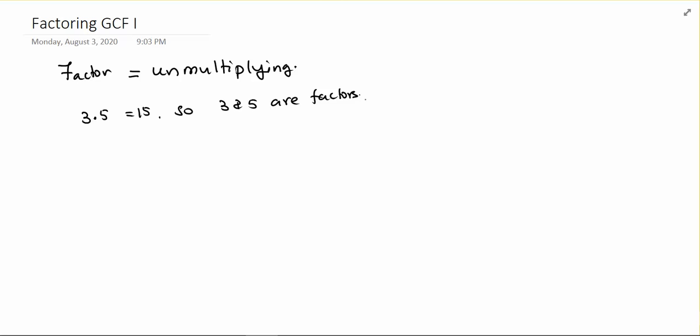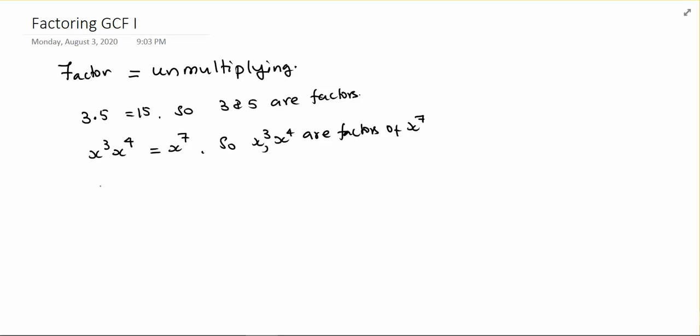Okay, in the past few lectures we've explored what to do when you multiply like this. You know, we get x to the 7. So x to the 3 and x to the 4 are factors of x to the 7.